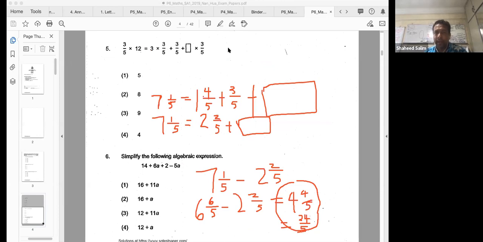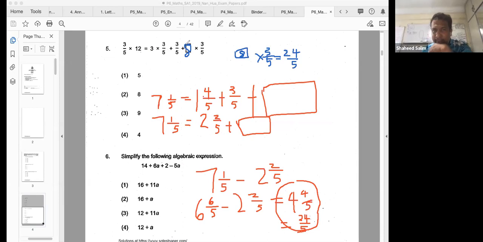Remember, I need to get an answer 24 over 5. This one is 3. What number must I times 3 to get 24 over 5? 8. 8 times 3, 24 over 5. So the answer is 8.